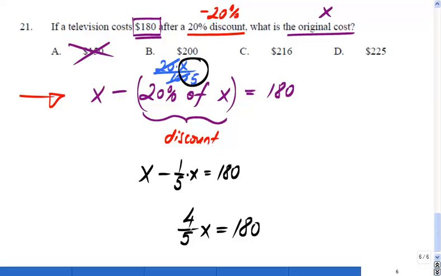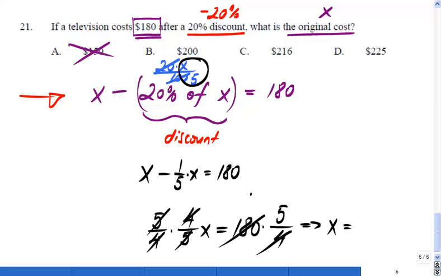Alright? And to solve this equation, you will multiply by the reciprocal of X's coefficient, which is what? 5 over 4. So you multiply everything by 5 over 4. 5 and 5, 4 and 4 are cancelling out. You're left only with X, which should equal, well, here 4 goes in 180.